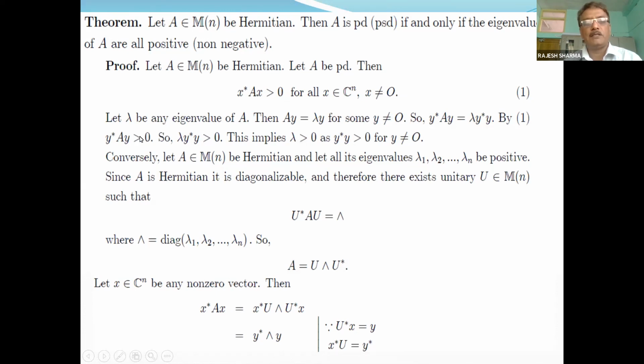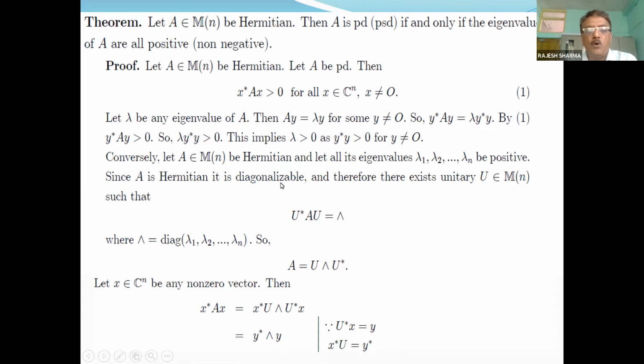So y star y greater than 0 implies lambda y star y is greater than 0, so lambda is greater than 0. That is, if A is positive definite, then the eigenvalues are positive. Now the converse part. Suppose A is Hermitian and let all its eigenvalues be positive.